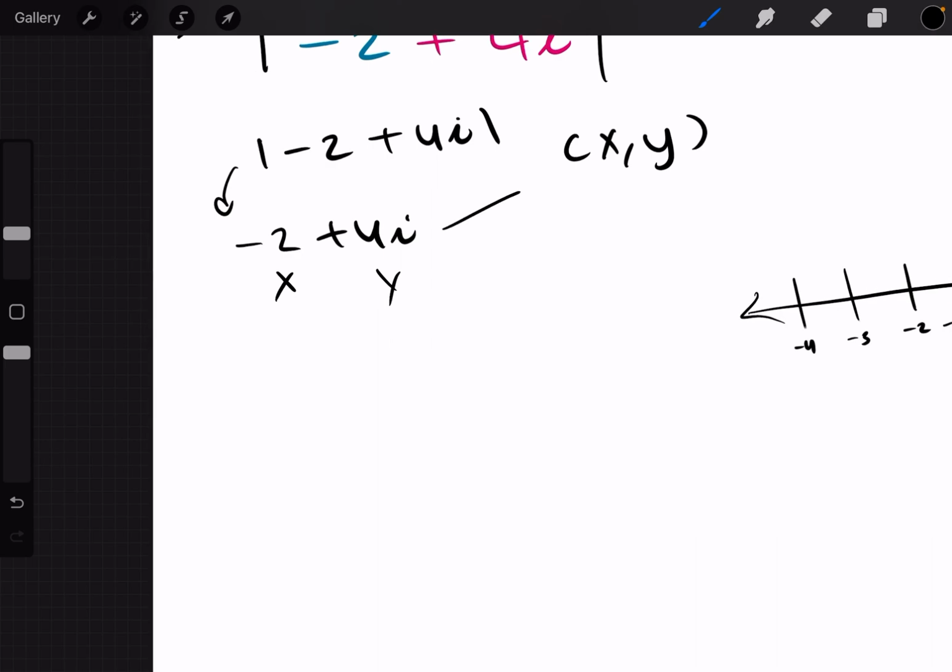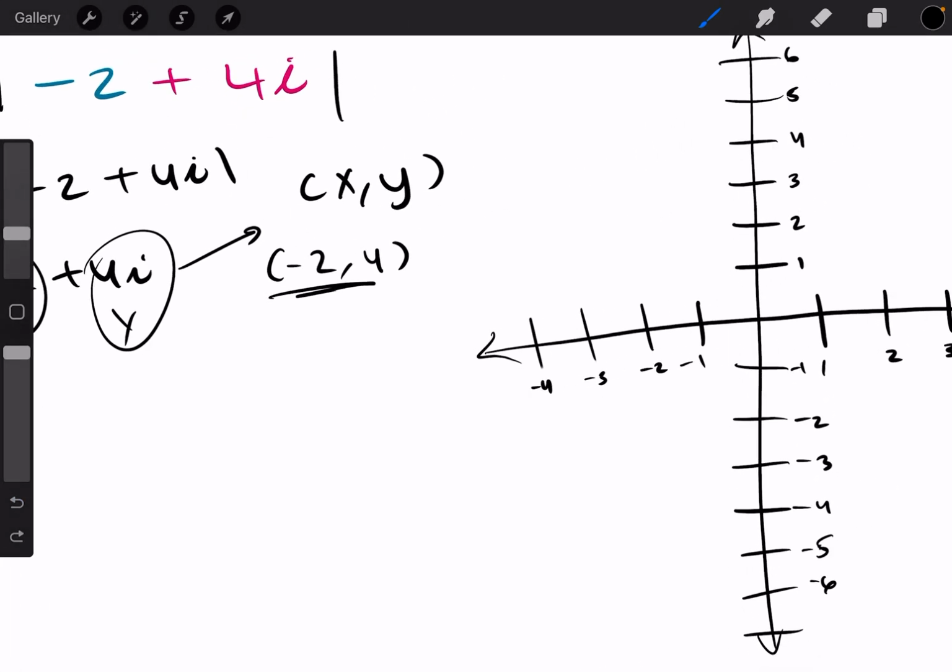So we can translate this by substituting, because -2 is x and 4i is y. But since 4i is an imaginary number, we're just going to use 4. So x is -2 and y is 4. That is basically our destination.